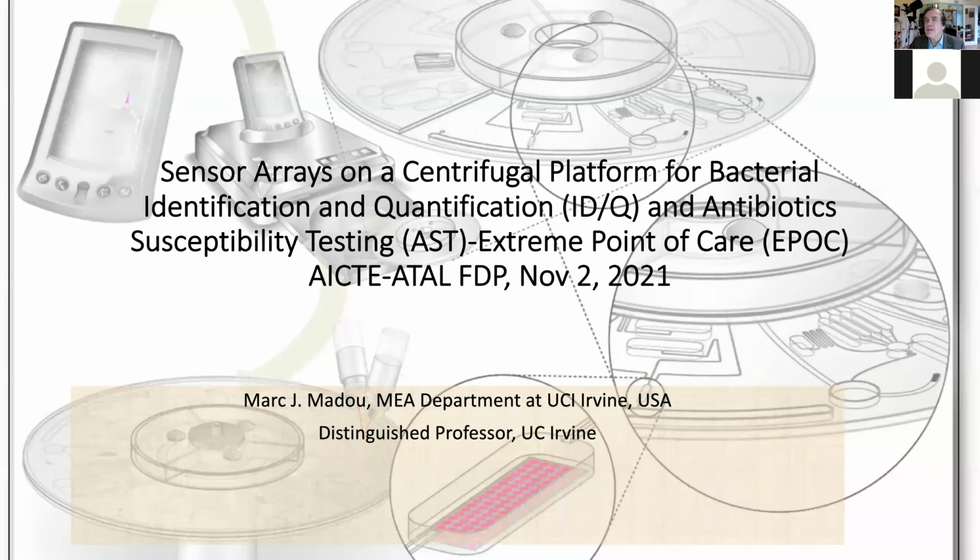So it's a long title, I know, a lot of words there, but what it means is this. If you have a bacterial infection, we identify what the bacterium is, and then we test what is the best antibiotics to get rid of that bacterium. And so that is the susceptibility testing.